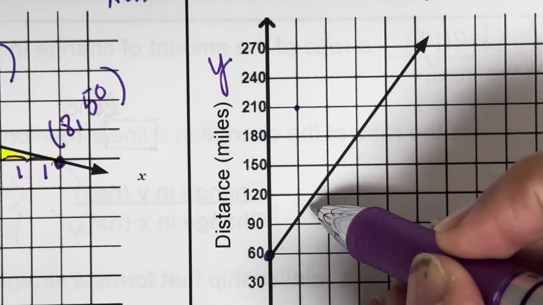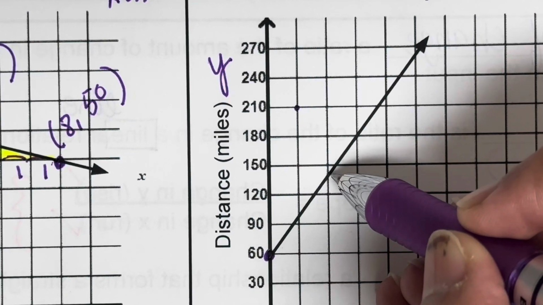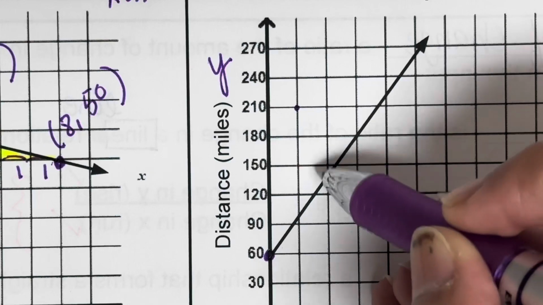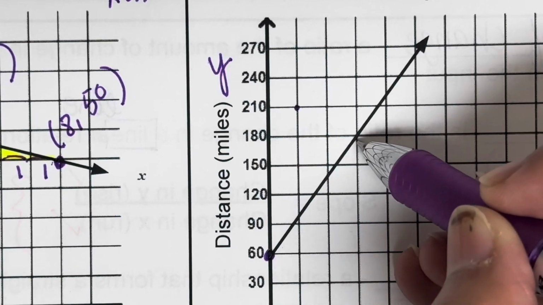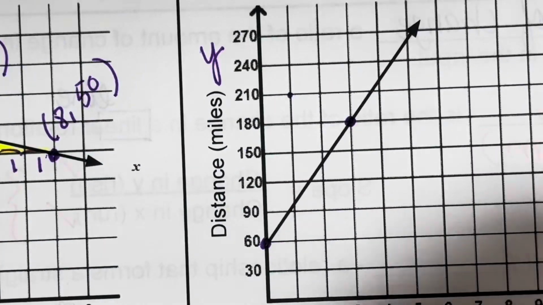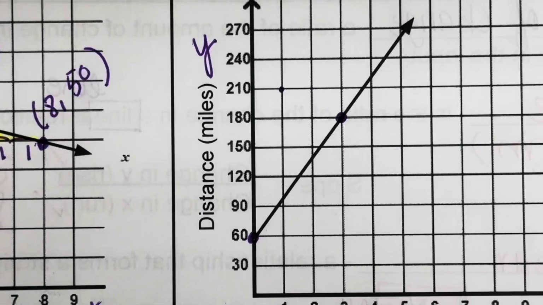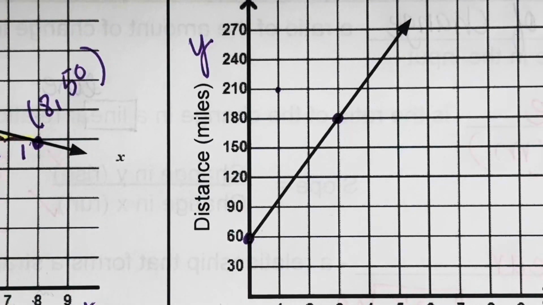So move on. This is halfway. No, that's not my good point. Move on. This is again not on the corner. There is empty space, so move on. And this is right on the corner. So there you go. These are my 2 good points. This is my first point, and that's my second point. I have 2 points. Now I have to figure out rise over run.